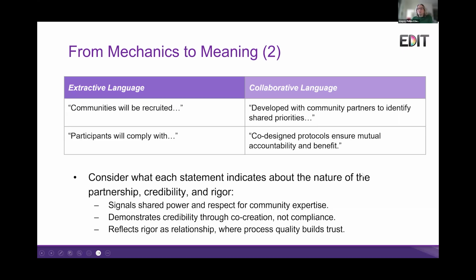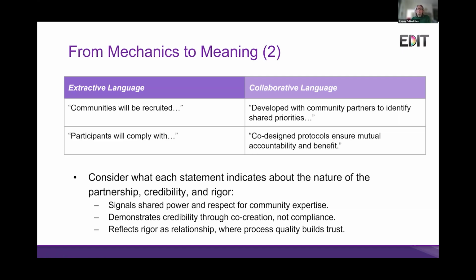Some examples of extractive language are "communities will be recruited" and "participants will comply with", things where there's no power in the community, no power in the people you're working with. I want to encourage you to think about how to reframe this using more collaborative language.